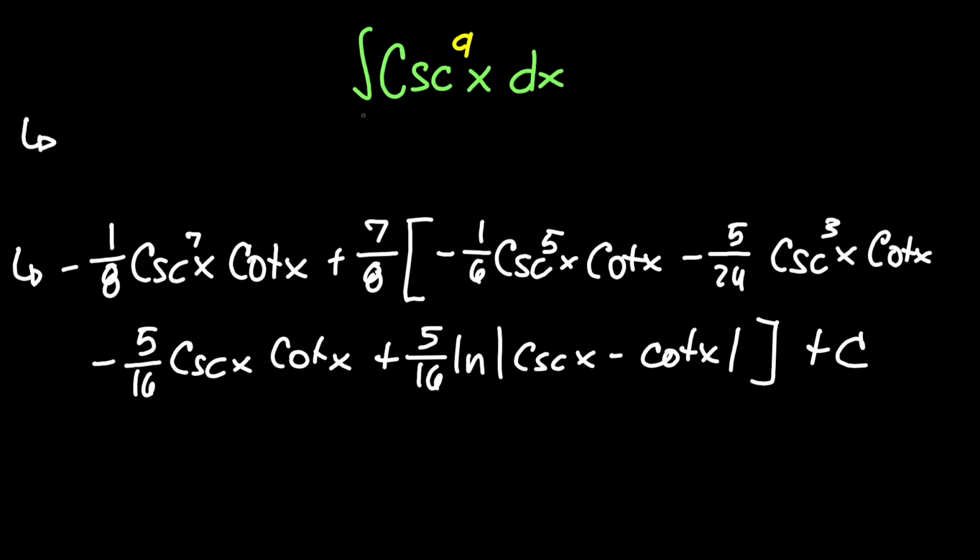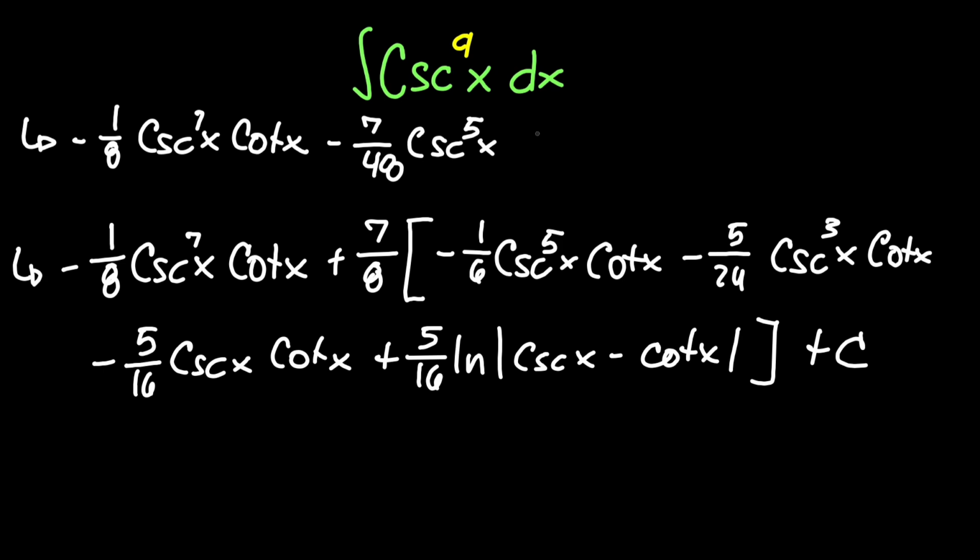The final answer for the integral of cosecant to the power 9 of x would be equal to negative 1/8 cosecant to the power 7 of x cotangent of x, plus 7 over 8 multiplied by negative 1/6, which would be equal to negative 7 over 48. Multiplying 7 over 8 by this one, it would be equal to negative 35 over 192.